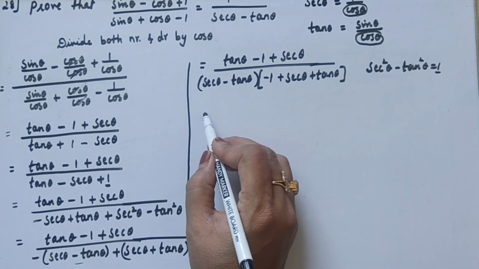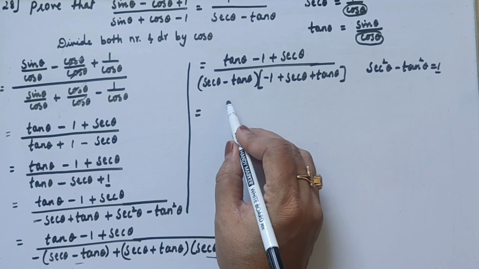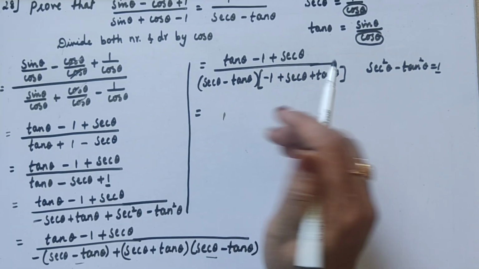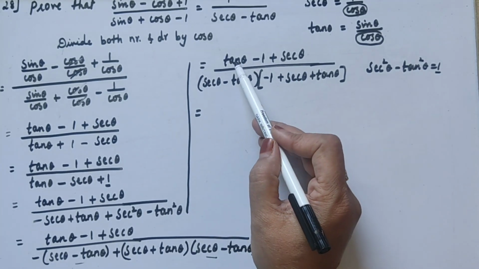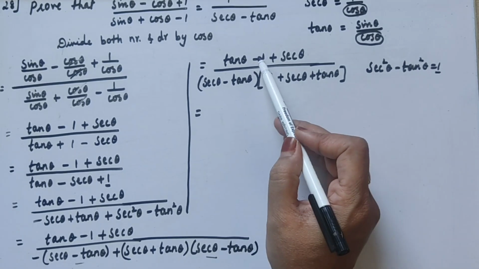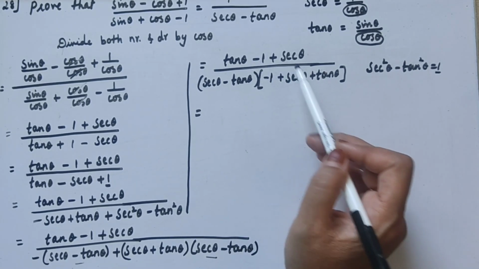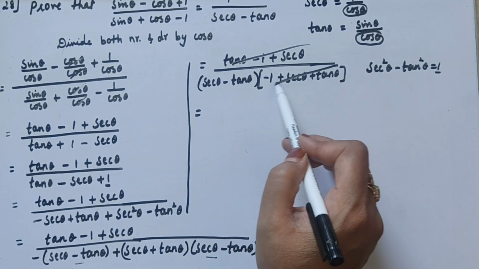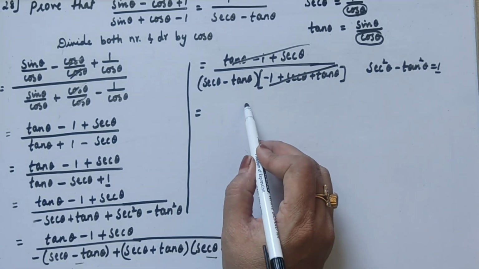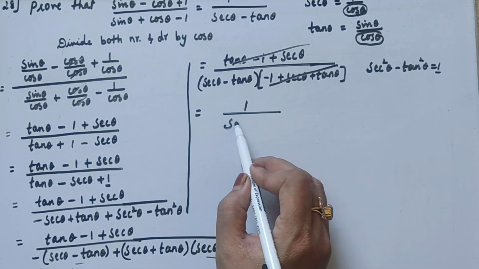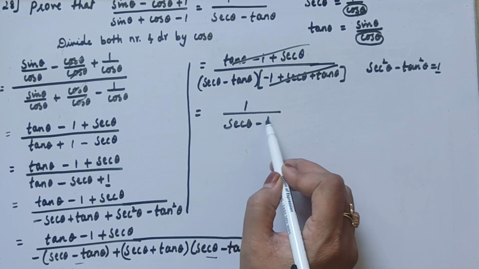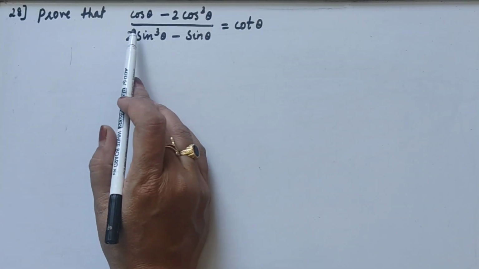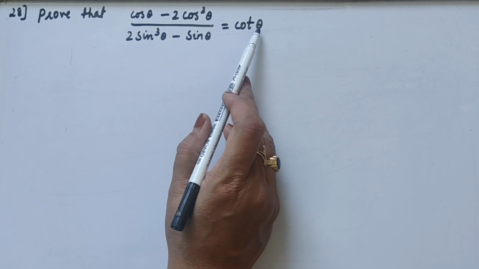Hope this is clear. Equal to, write the numerator as it is. You can just check here. Tan theta is positive, 1 is negative, and secant theta is also positive. Let me cancel the whole set. Okay, we are going to get 1 upon secant theta minus tan theta. Here this is LHS and this is RHS.